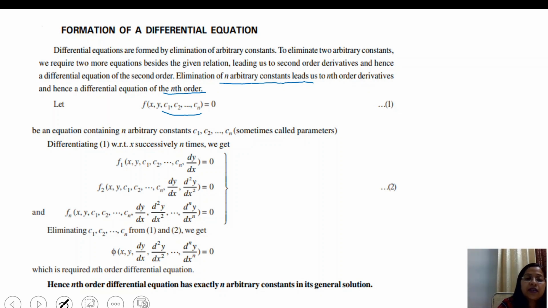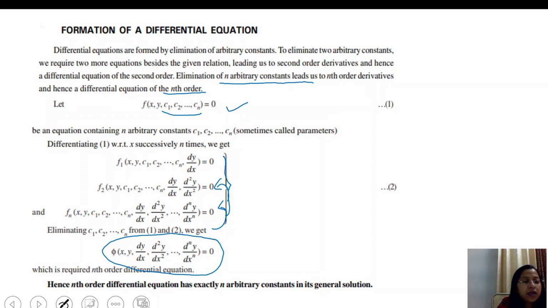We differentiate the given solution with respect to x and try to remove all the arbitrary constants. We continue differentiating until all the arbitrary constants are removed, continuously using the previous results we obtain, and hence we reach a result having no arbitrary constants, with differential coefficients of various orders.